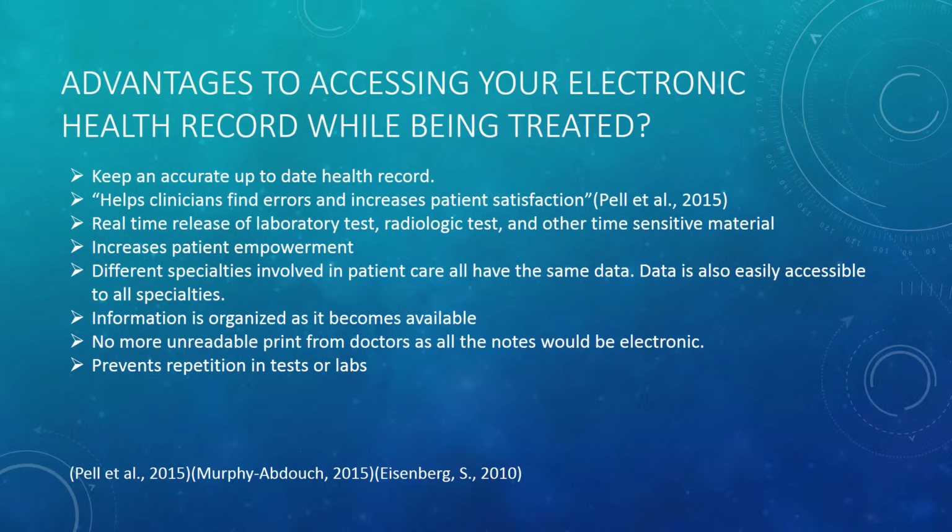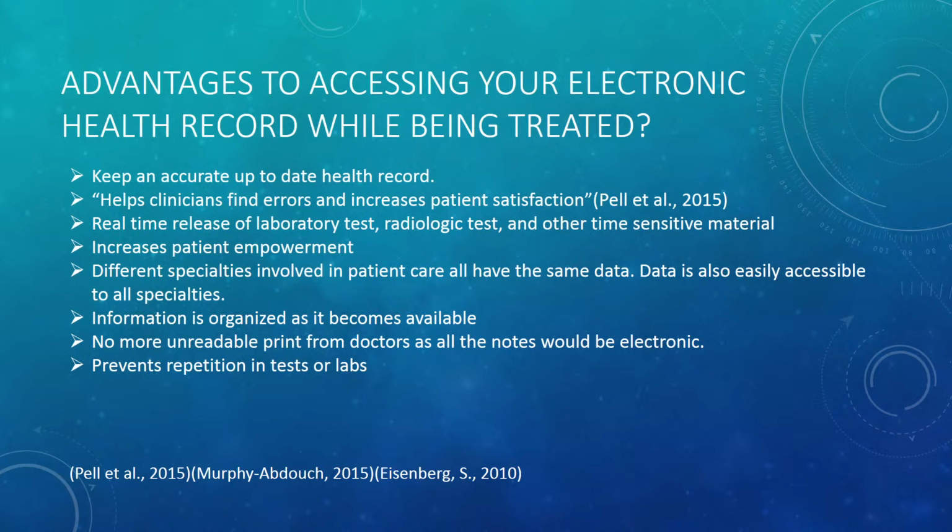And what are the advantages to accessing your electronic health record while being treated? Well, it keeps an accurate, up-to-date health record. So, the medication list that we used to do on paper, we used to write them out. This keeps an up-to-date list for those with multiple medications.